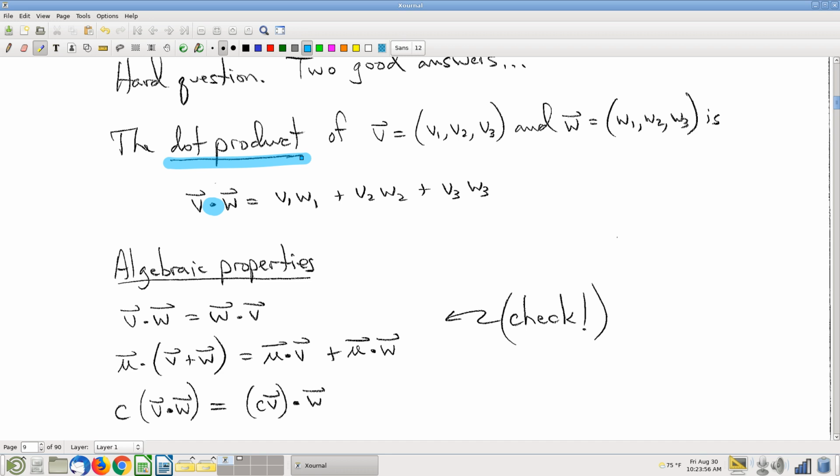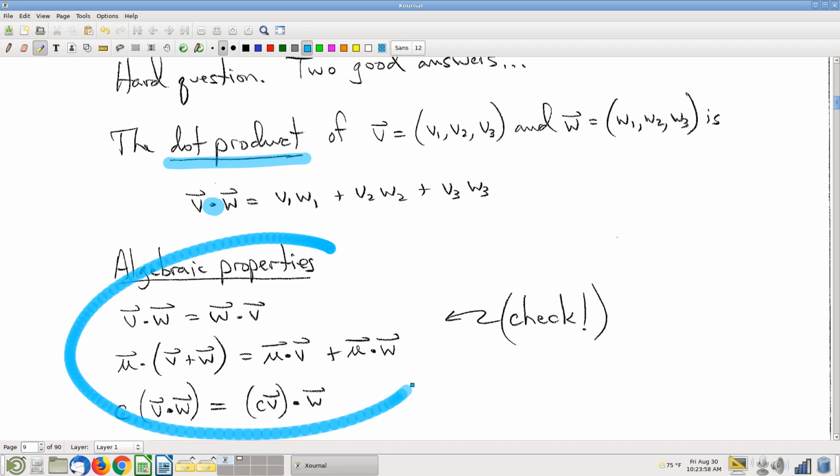But that does not mean that, just because we've made some aesthetic choices that smack of multiplication from algebra, it has to behave algebraically like our old friend multiplication from algebra. Far from obvious. Nevertheless, here are some true facts that you can check. So this is part of why we call it a product, because it behaves like a product.